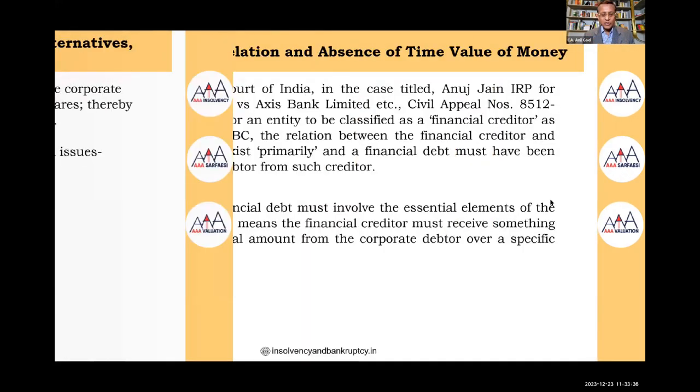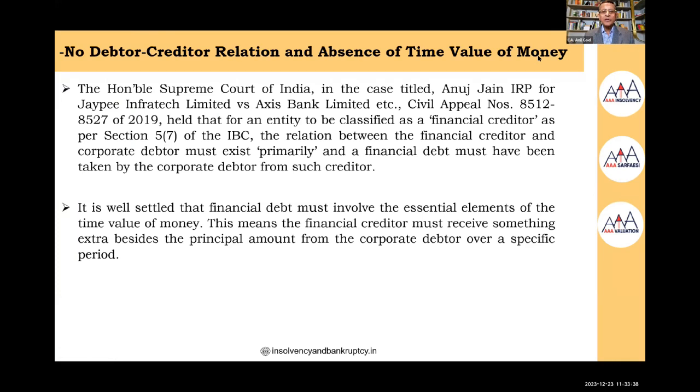Now, the first difficulty would be that there is no debtor-creditor relationship and there is an absence of time value of money, which has actually been held in the case of Anuj Jain, IRP for JP Infratech Limited versus Axis Bank, that we've already discussed. The Supreme Court has held that for an entity to be classified as a financial creditor as per Section 5 subsection 7 of the IBC, the relationship between the financial creditor and corporate debtor must exist primarily, and financial debt must have been taken by the corporate debtor from such creditor.